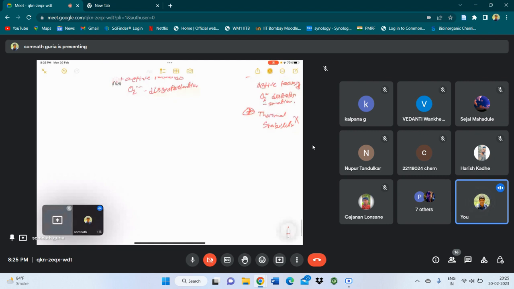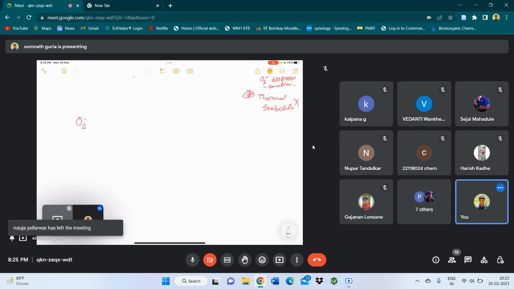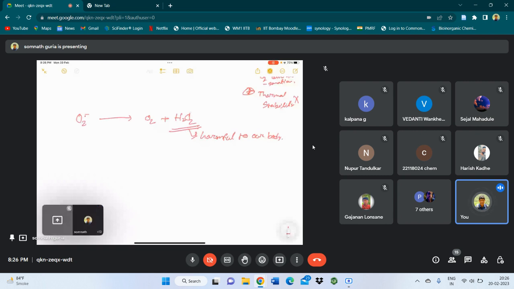This H2O2 is also very harmful to our body, so we need to remove this harmful hydrogen peroxide. Nature has developed different kinds of enzymes for this, like catalase, peroxidase, chloroperoxidase, lignin peroxidase, and cytochrome C peroxidase.